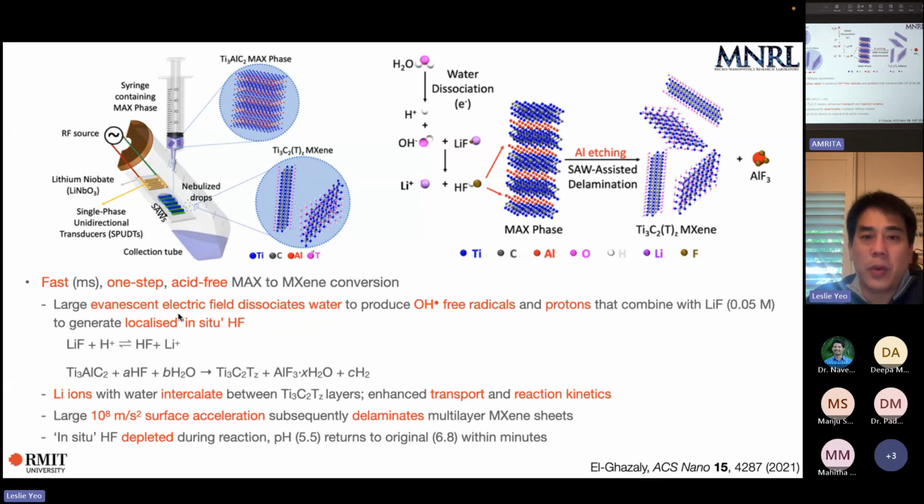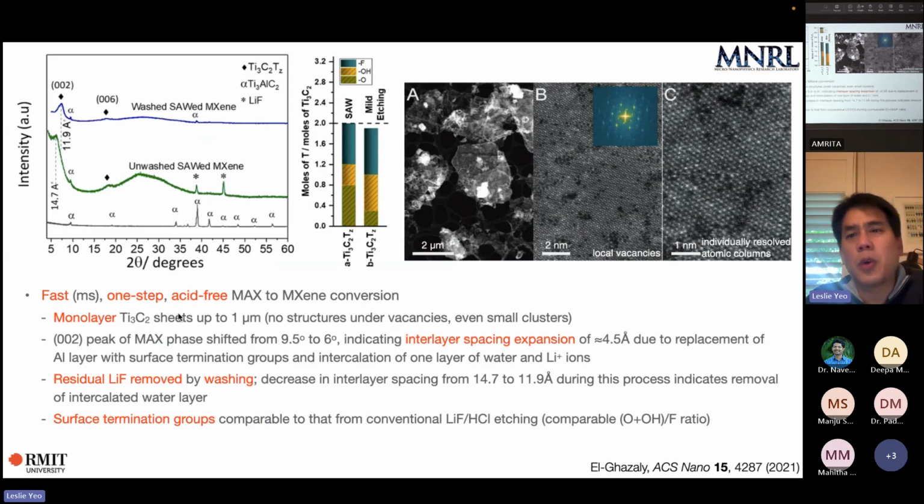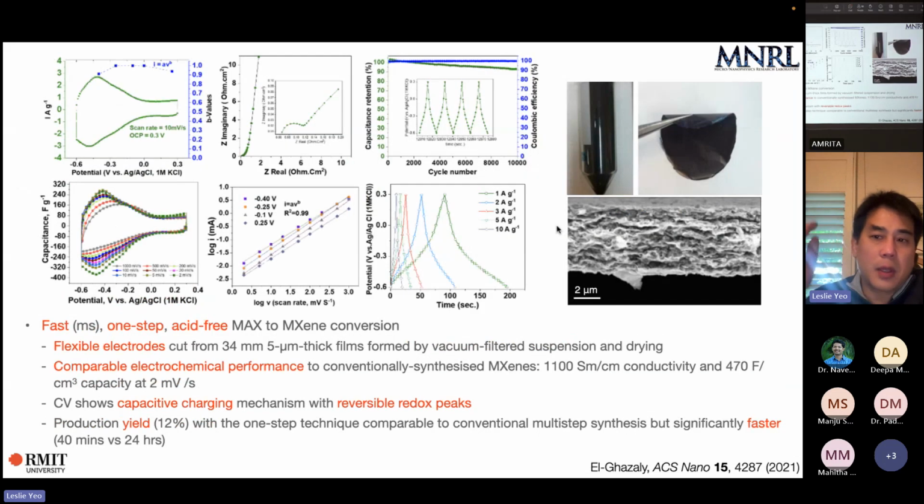Without going into more detail because of time, we can create these 1 micron large monolayer sheets that are flexible, can be made into flexible electrodes, and have comparable electrochemical and capacitive charging mechanisms to what one would expect of MXenes.